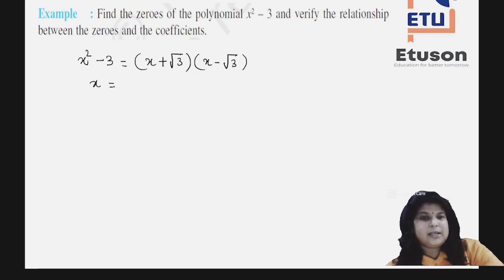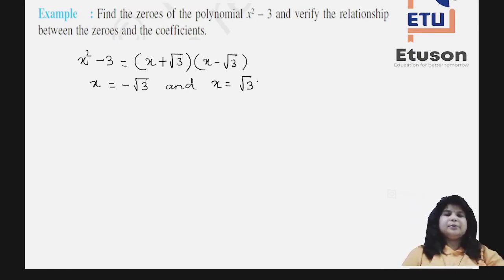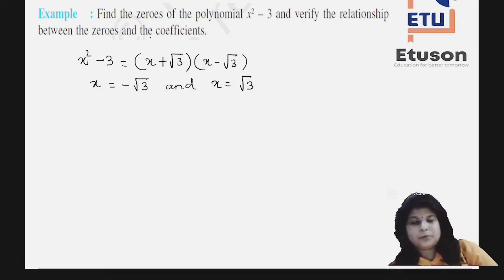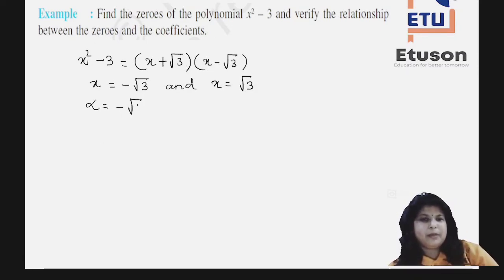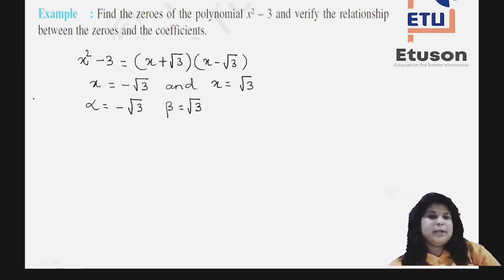So zeros are x is equal to minus root 3 and x is equal to plus root 3. So now, from this you can write down alpha is equal to minus root 3 and beta is equal to plus root 3. What about your a, b and c value here?